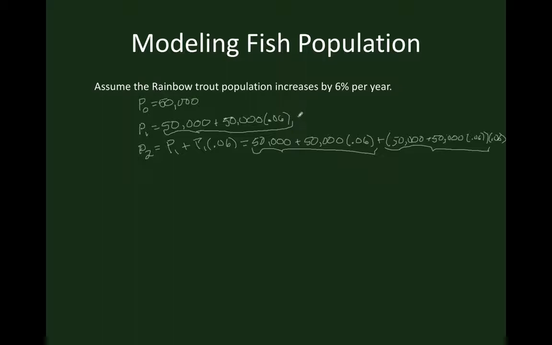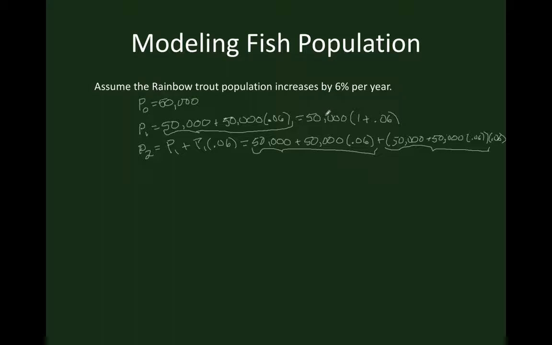Now, this is where some algebra skills can be handy because I'm going to factor out this 50,000 and write this as 1. That's what would be left here, plus 0.06. So this process is called factoring, and basically what I've done is I factored out the 50,000.